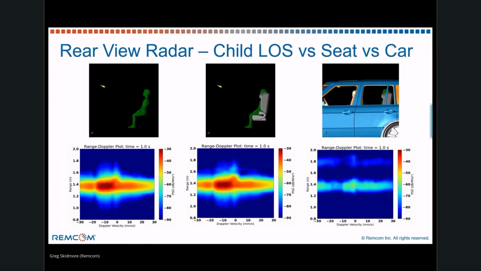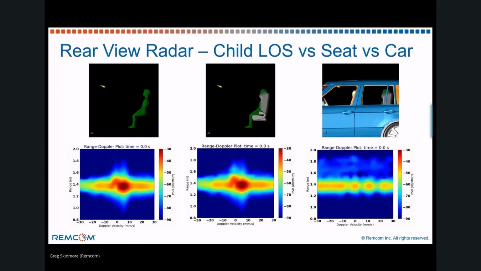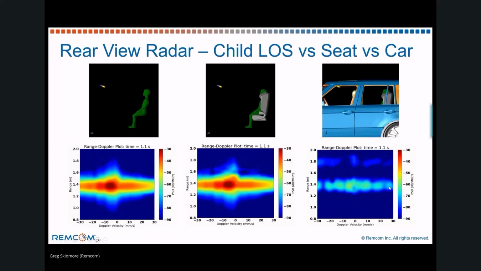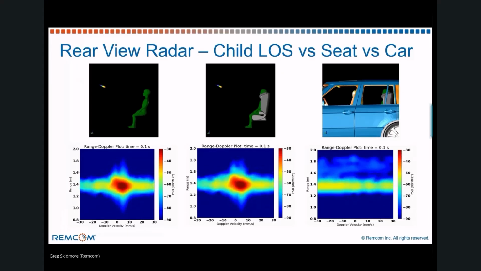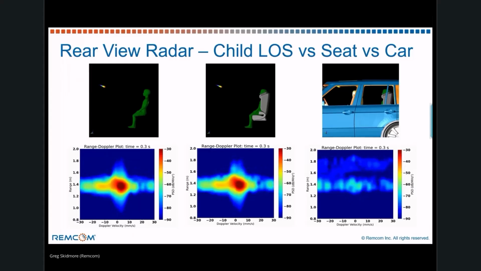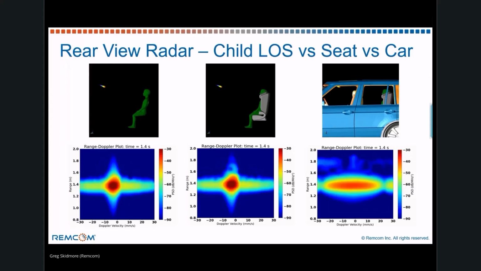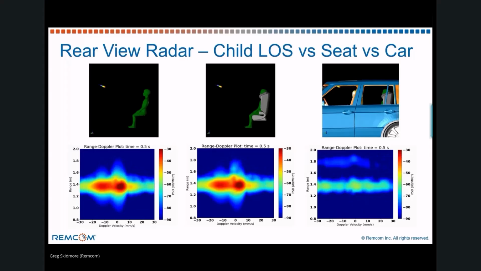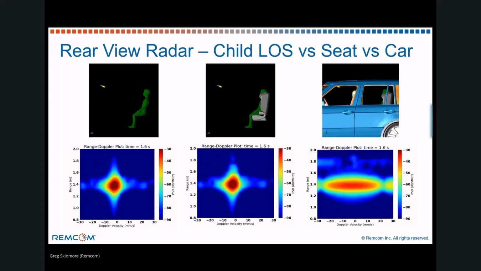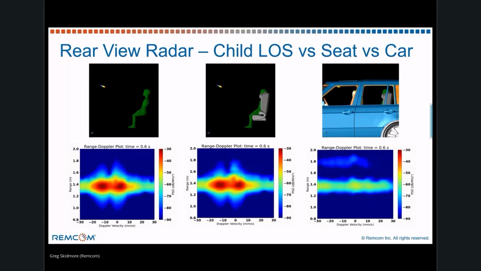There's not much difference there, but as soon as we add the car, we get something at the range that we expect, right? About 1.4 meters away from the rear view radar, but we begin seeing all of this clutter begin to dominate the range Doppler from the breathing. And so clearly we need more, there's denoising methods or object localization would be really helpful here.